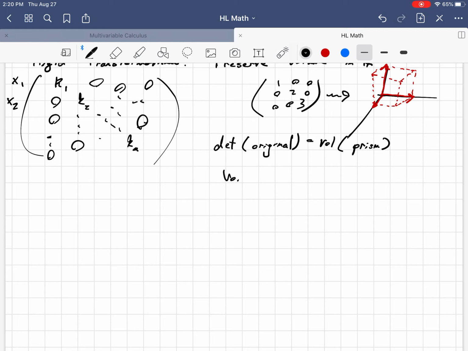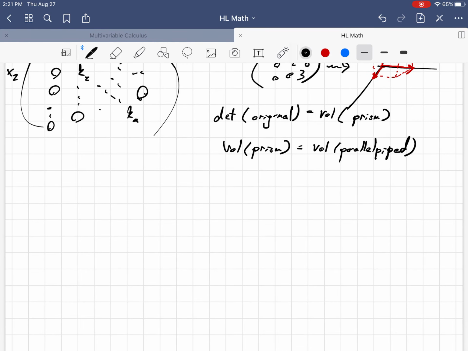And since the volume of the prism is the same thing as the volume of the parallelepiped, because we used only rigid transformations to get from one to the other, then by transitivity, the determinant of the original matrix is always equal to the volume of the parallelepiped.